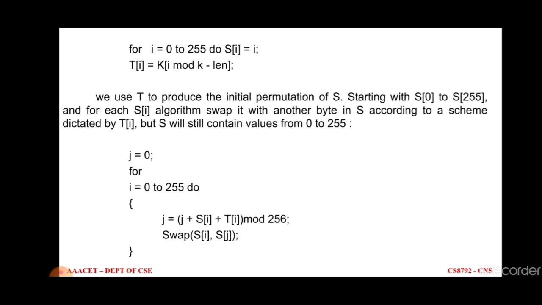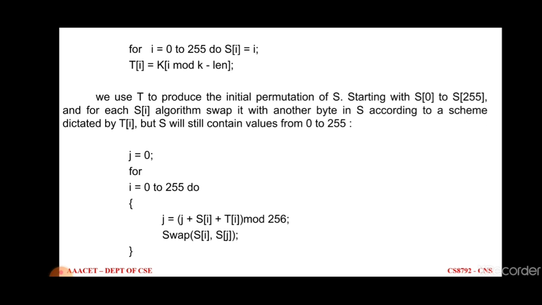In the first step, we set the values from 0 to 255 and assign S[i] equal to i. S is the state array, and T is the temporary vector, which is assigned the key value with modular arithmetic, varying from 0 to 255, using the key length. K is the key value, and we take its length.